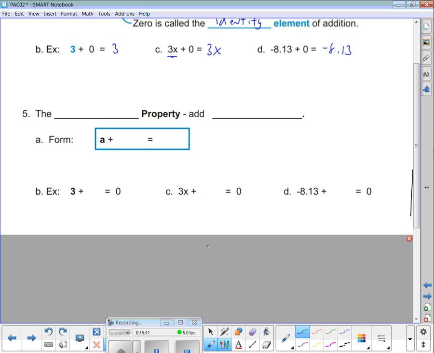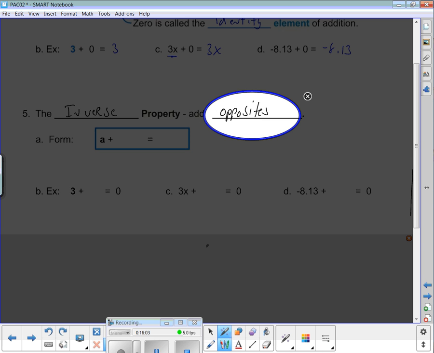So if it's none of those three, it's probably this one, and this one is the inverse property. Inverse, I-N-V-E-R-S-E, the inverse property. An inverse property involves adding opposites. So that's the key on this one, adding opposites.